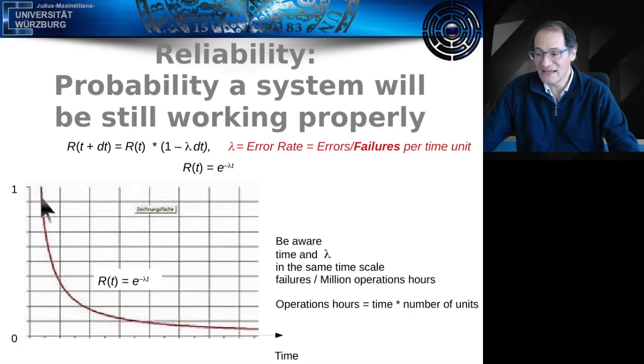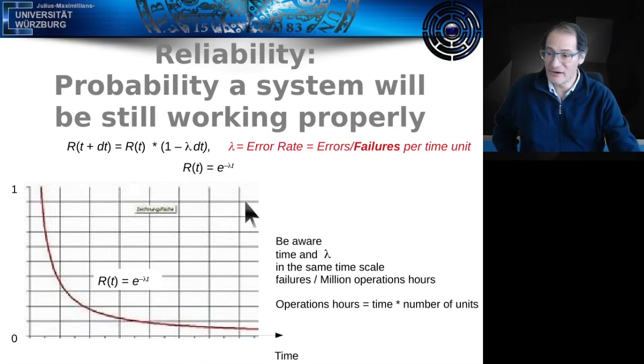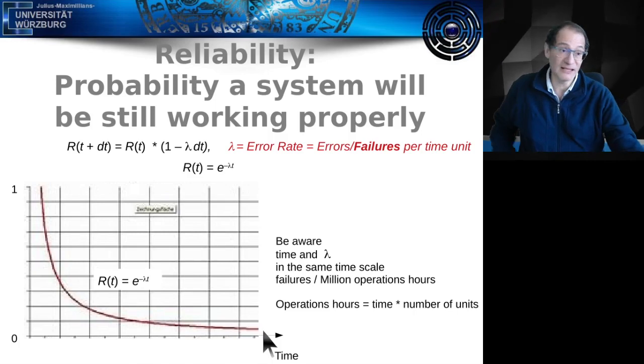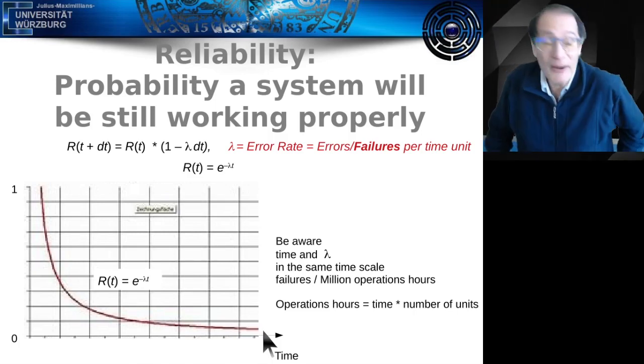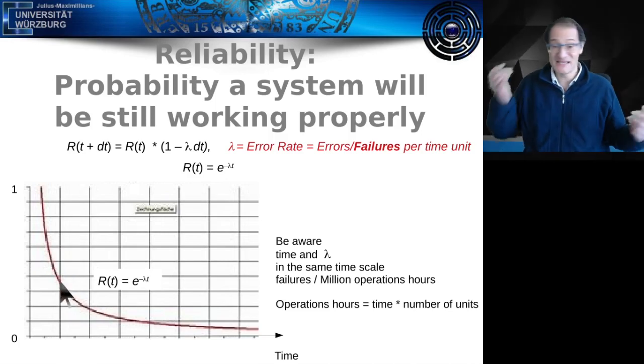It's a function like this. It drops very quickly and comes closer and closer to zero. So if you have an infinite time, this here will be infinity, then the probability it will be working for infinite time is zero. If you have a very short time, only 1 second, then the probability it will be working is very high.